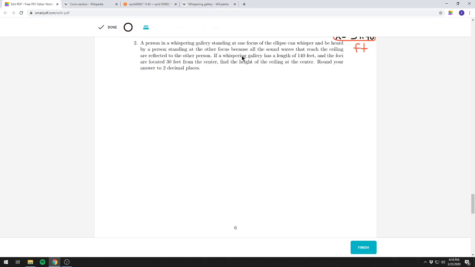Okay. So we've got a similar setup here. Think about a gallery. It's not going to be an ellipse. It's going to be half an ellipse because we have a floor here. So there's our whispering gallery. It has a length of 140 feet.